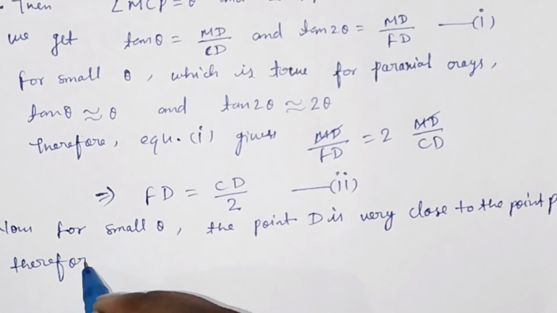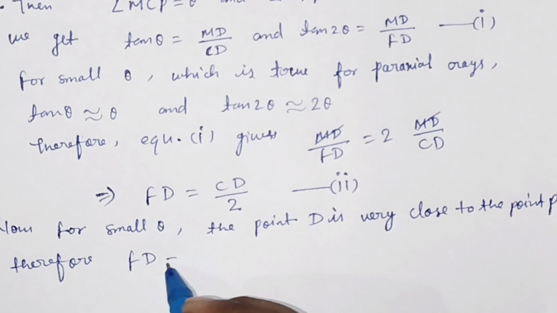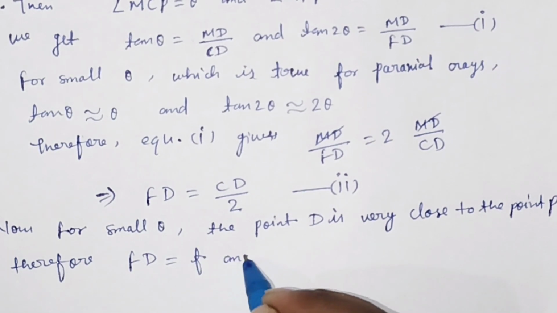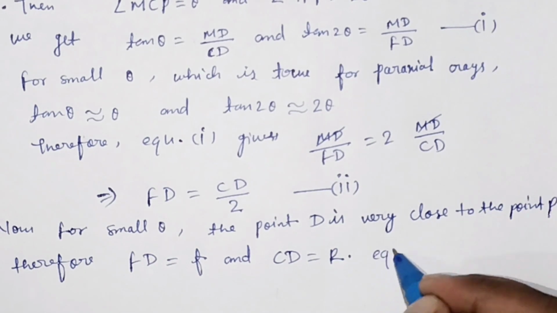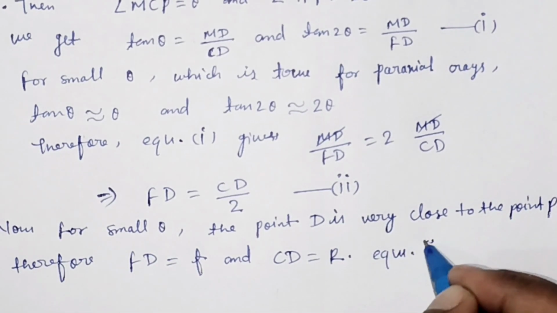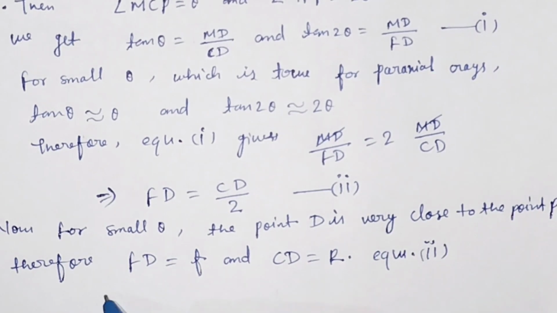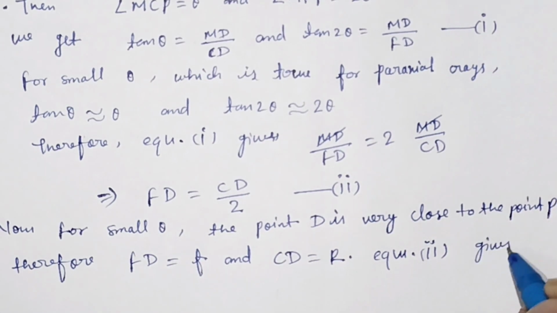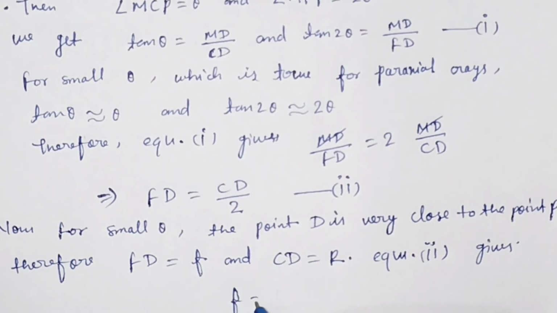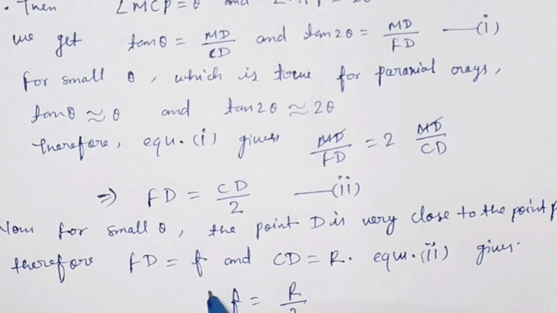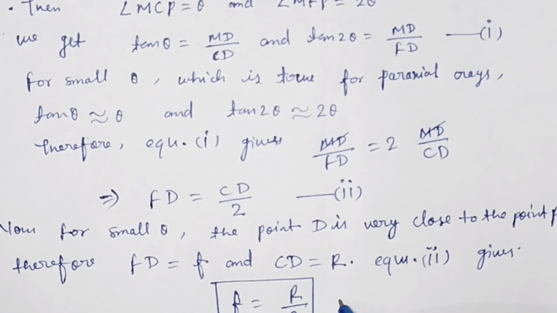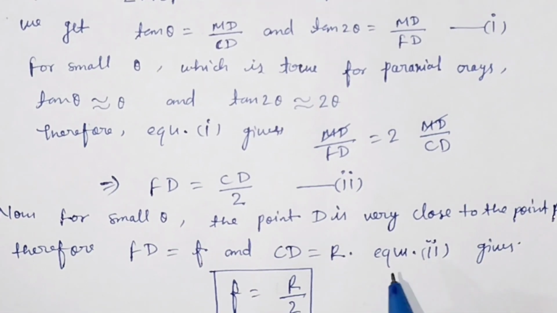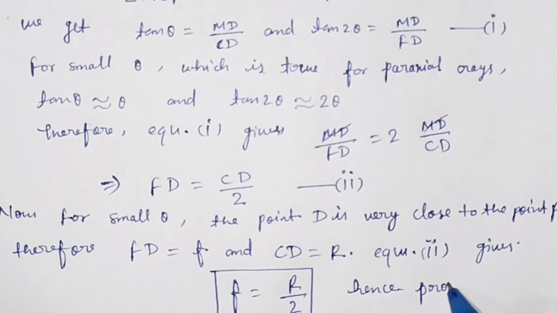Therefore FD is equal to f and CD is equal to R. So equation second gives f is equal to R upon 2. Here we go. This is the relation between focal length and radius of curvature, hence proved.